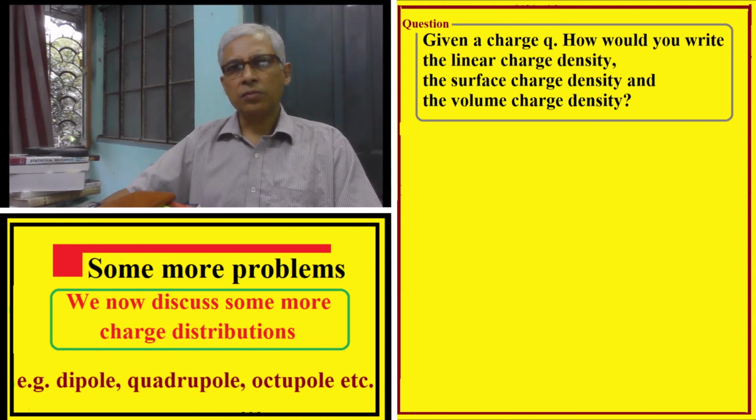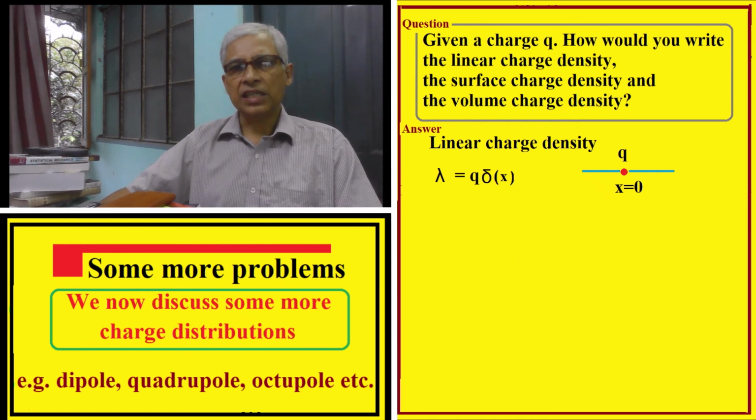It is a simple problem. We have to write down the three types of charge densities of a charge Q. First, the linear charge density is Q into Dirac delta of x, assuming that charge Q is at x equal to 0.